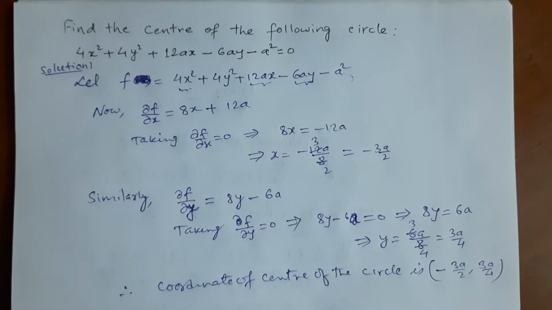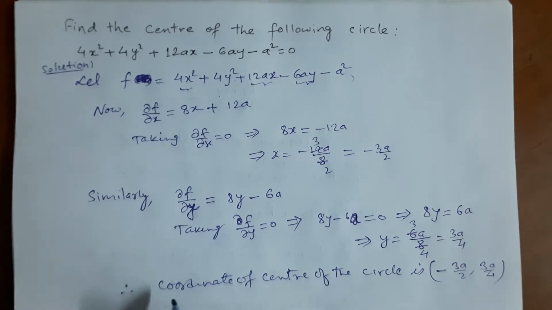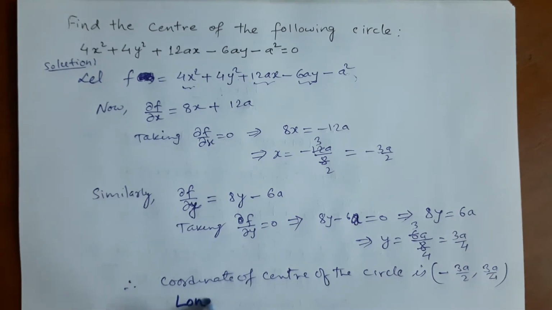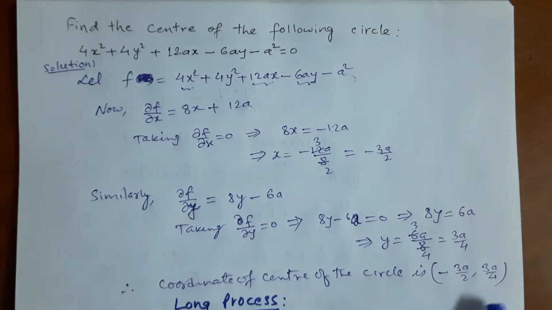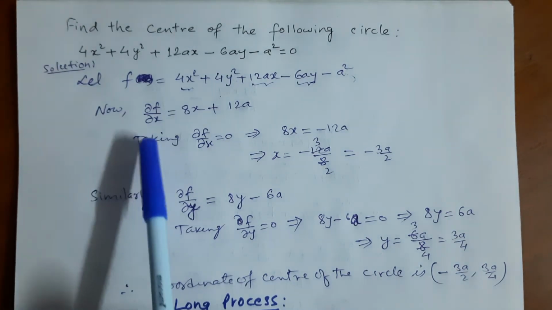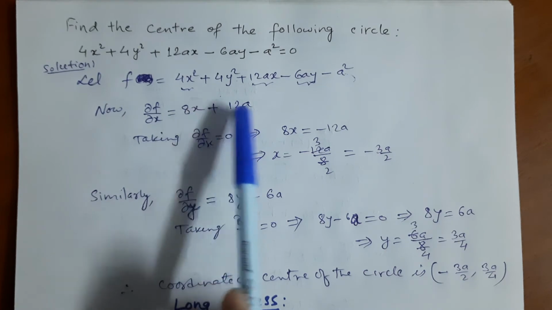And the same problem if we do it by a long process, look at here. So here, to show every process in detail, I have done it this way, but while solving this problem during an entrance examination, you can directly find this partial derivative and then equate with 0.